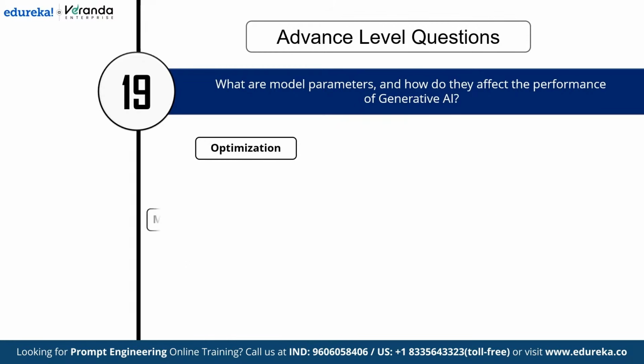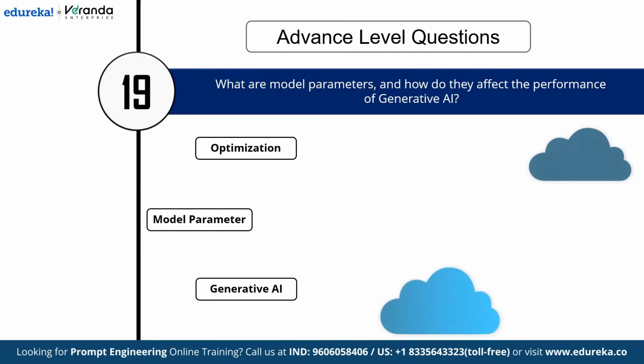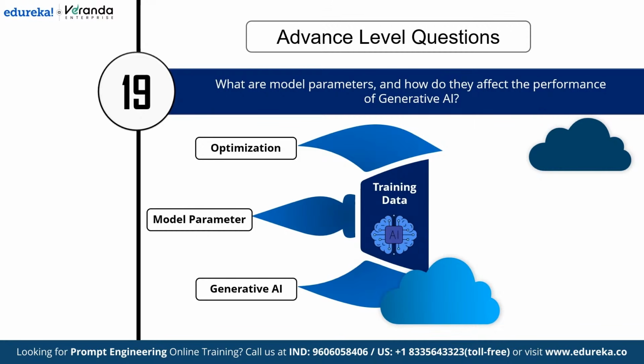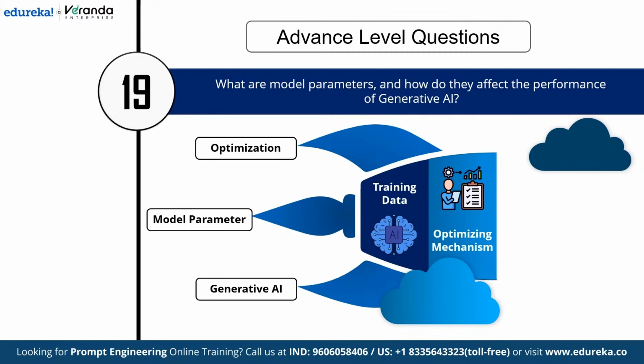The process of optimizing model parameters in generative AI starts with inputting training data and initializing the model's parameters. An optimization mechanism is then applied to train and update the model's parameters iteratively. This process continues until the defined stopping conditions are met. Finally, the optimized parameters are obtained, which are crucial for the model's performance in generating realistic outputs.